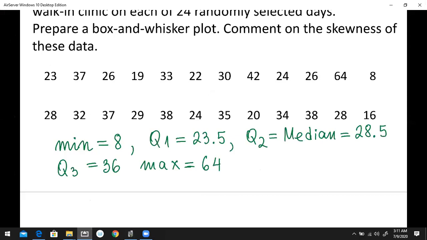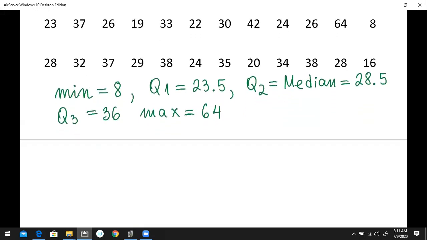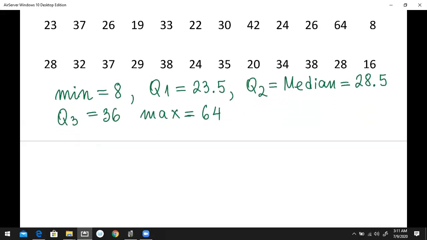In class we talked about the upper fence and the lower fence, so we can see if there are outliers. So the formula for the outliers, guys, was you need to find the interquartile range first, which is the difference Q3 minus Q1.